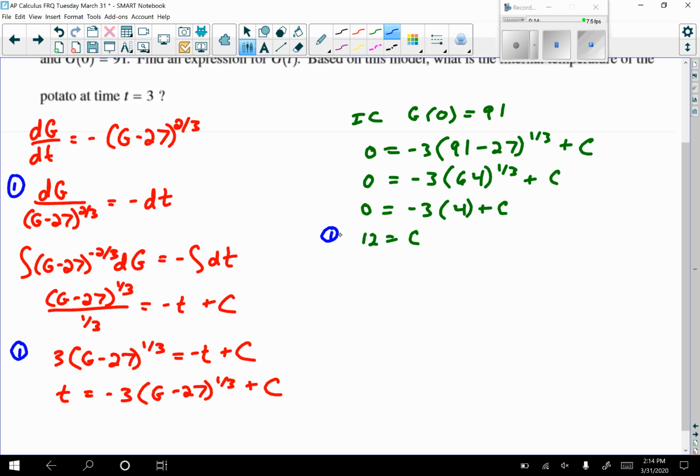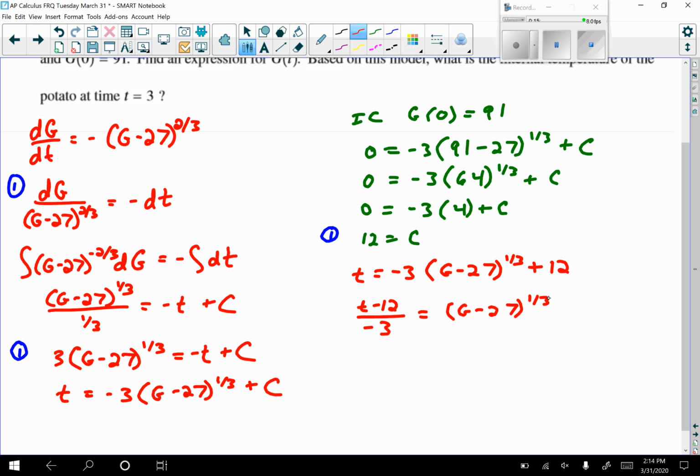So a couple ways we could write this. We could put this in terms of g, but I'm going to go back to say that t equals negative 3 times g minus 27 to the 1/3 plus 12. So that could work. Or if you solve this for g, we would have t minus 12 over negative 3 equals this quantity g minus 27 to the 1/3.